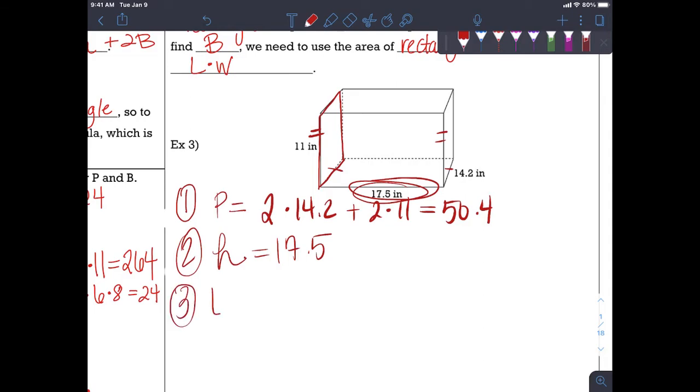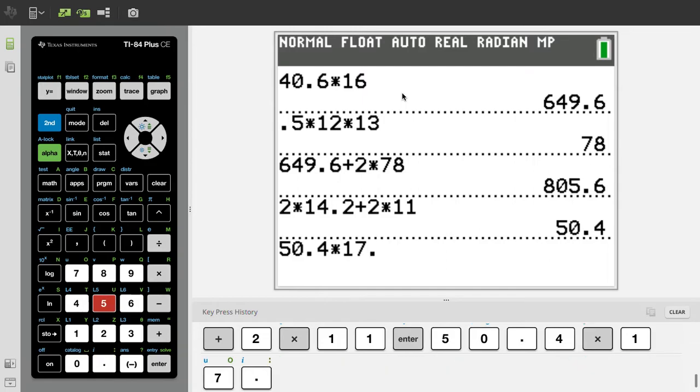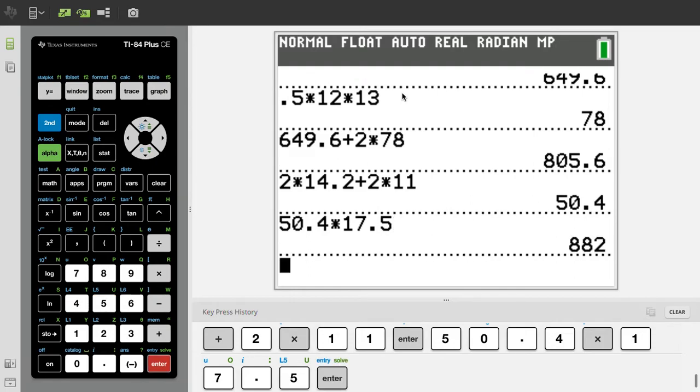Now I can calculate my lateral surface area. I'm going to multiply my perimeter times my height. So 50.4 multiplied by 17.5. Let's drop that in our calculator. And I end up with the lateral surface area of 882 inches squared.